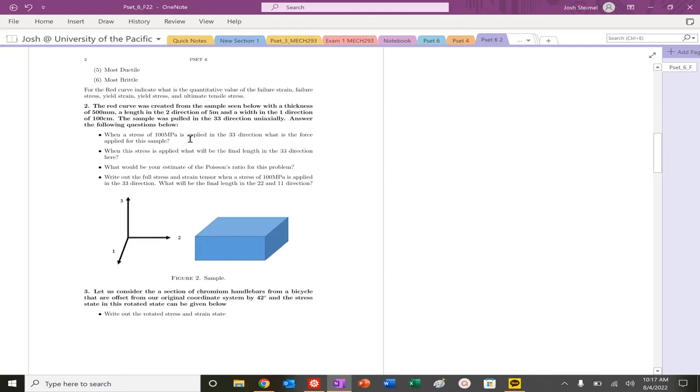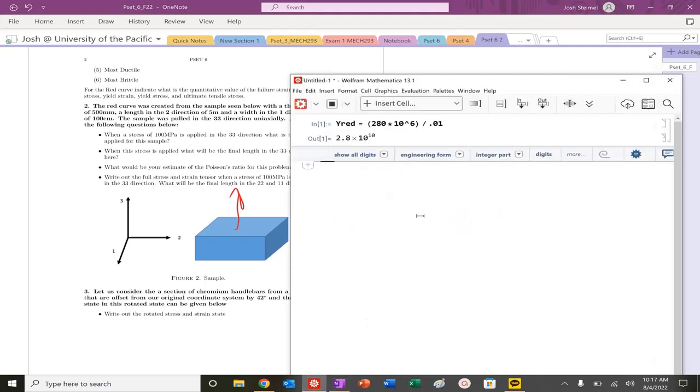So I have a stress of 100 megapascals applied in the 3-3 direction. What is the force applied? Stress is equal to force per unit area. So my stress, 100 megapascals, equals force over the cross-sectional area. What's my cross-sectional area here?